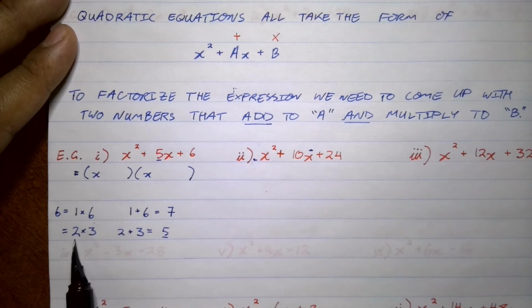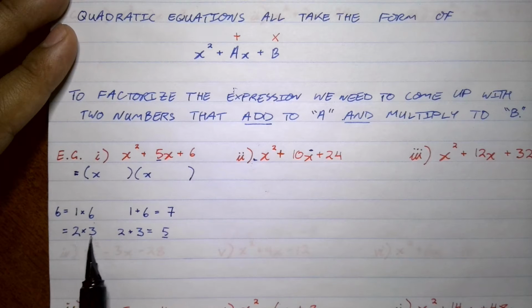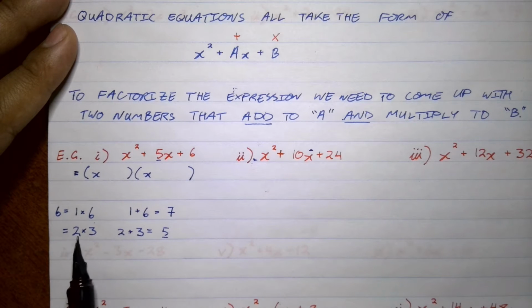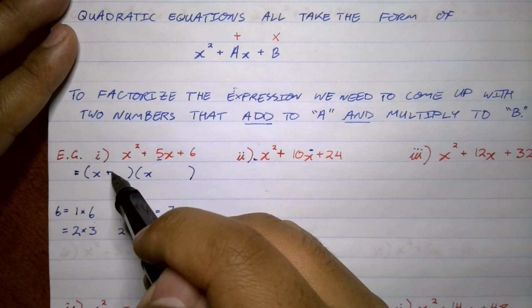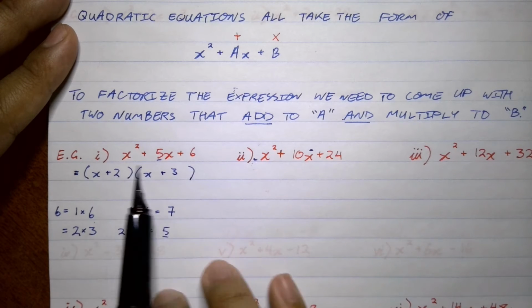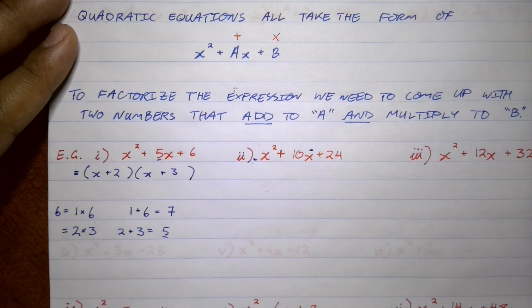So we found that 2 and 3 multiply to 6, but these same two numbers also add to 5. So it is actually these numbers we're looking for: positive 2 and positive 3. We have successfully factorized this quadratic expression.